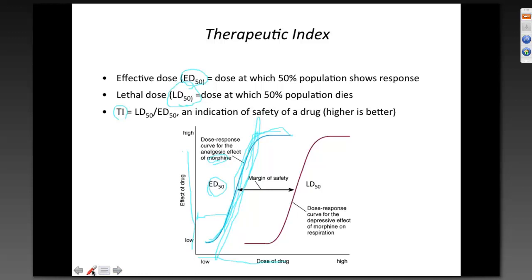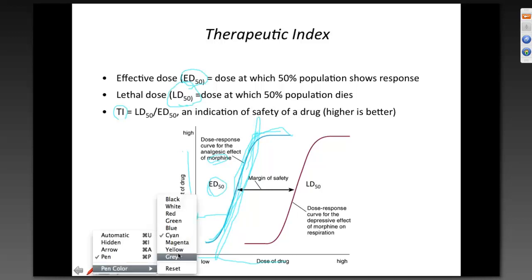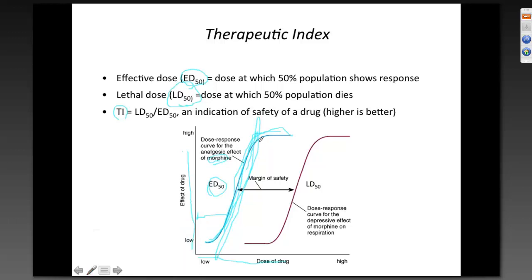That means that everything in here that I'm coloring red now is pretty much the margin of safety. But once you get past that purple line on the right, now you have hit the lethal dose 50, and when you start going past that, that's the dose at which 50% of the population died.